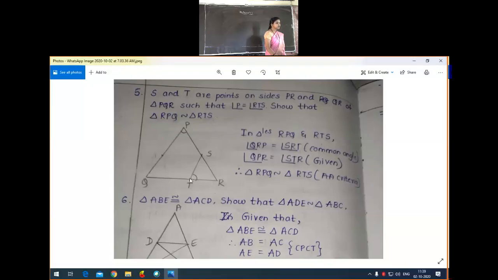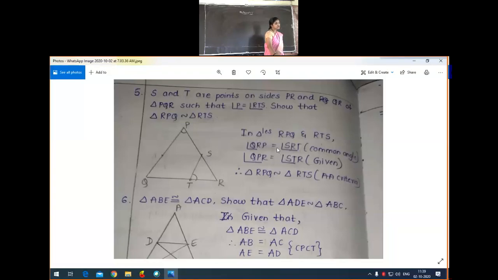This angle is equal to this angle, they have marked, no? Show that triangle RPQ, the bigger one, is similar to triangle RTS, the smaller one.